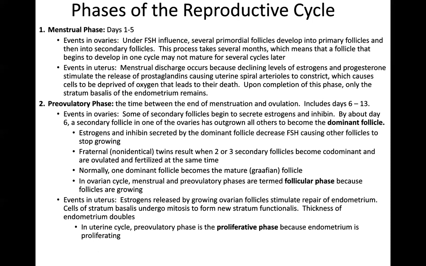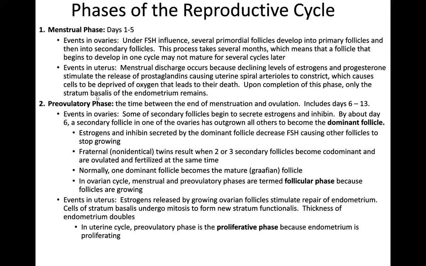Okay. In the ovarian cycle, both the menstrual and pre-ovulatory phases are called the follicular phase because this is where the follicles are growing. In the uterus, estrogens released by those growing ovarian follicles stimulate the repair of the endometrium. Remember back in the menstrual phase, the endometrium lost part of its cell layers. It lost the stratum functionalis.